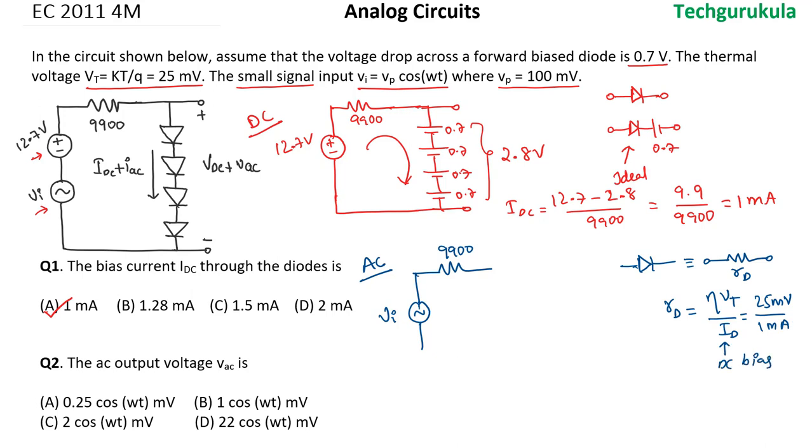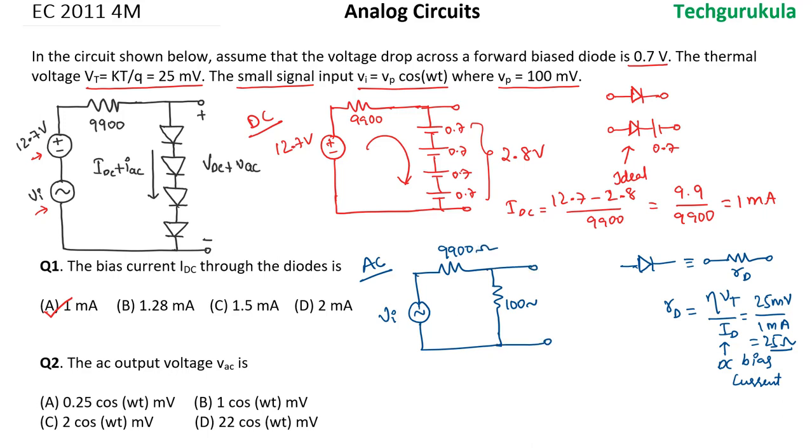As we indicated at the start of the video, when we do AC analysis, the AC parameters depend on DC biasing. Now this is equal to 25 ohms, which means each diode has 25 ohms resistance. So when we have 4 of them in series, we get 4 times 25 ohms, which is 100 ohms.